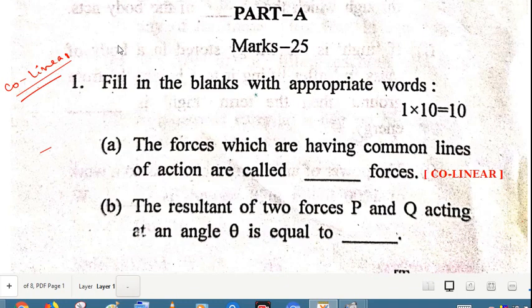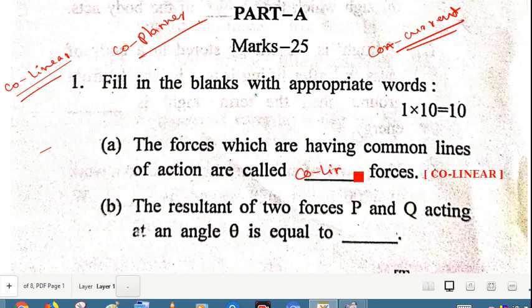If they are having a common plane, that will be called co-planar. And if they are having the same point, it will be called concurrent. The first answer is co-linear, since it's having the same line of action.